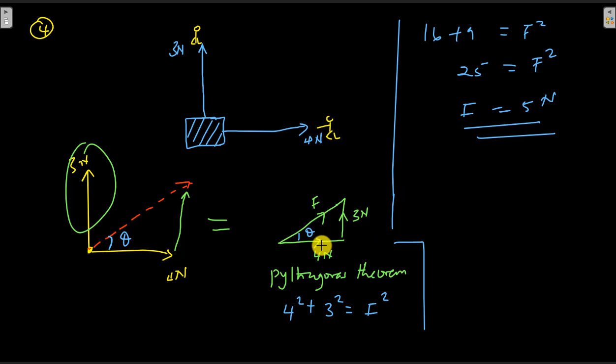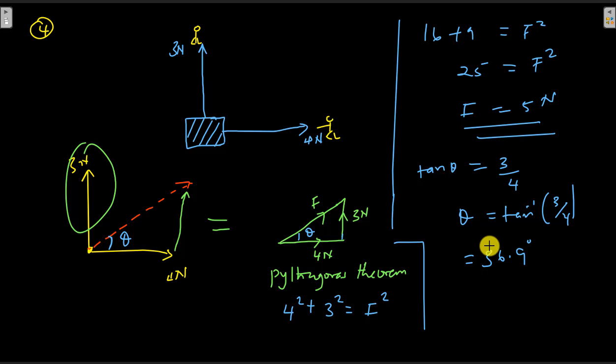I can find tan theta using the simple rules of trigonometry, sine, cosine, or tangent. Let's use tangent, so we can see that tan theta is actually equal to 3, the opposite, over 4. Let's put this on the calculator, arctan of 3 over 4. Okay, that's about 36.9 degrees.